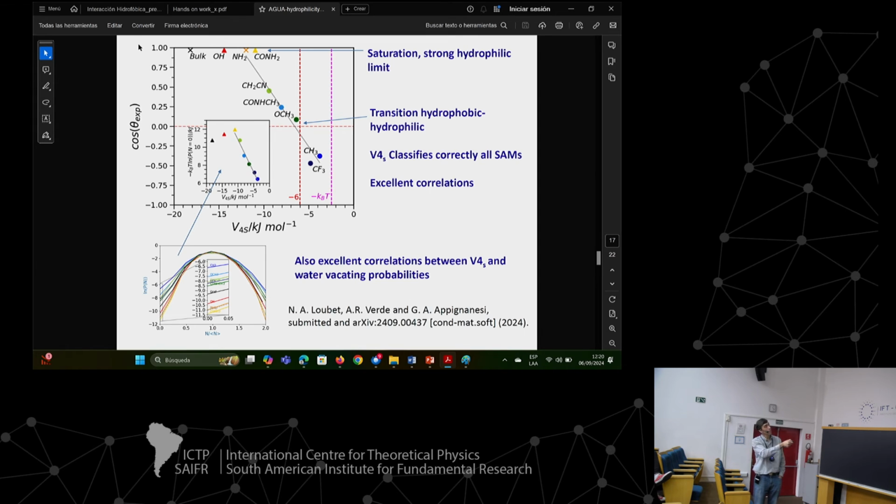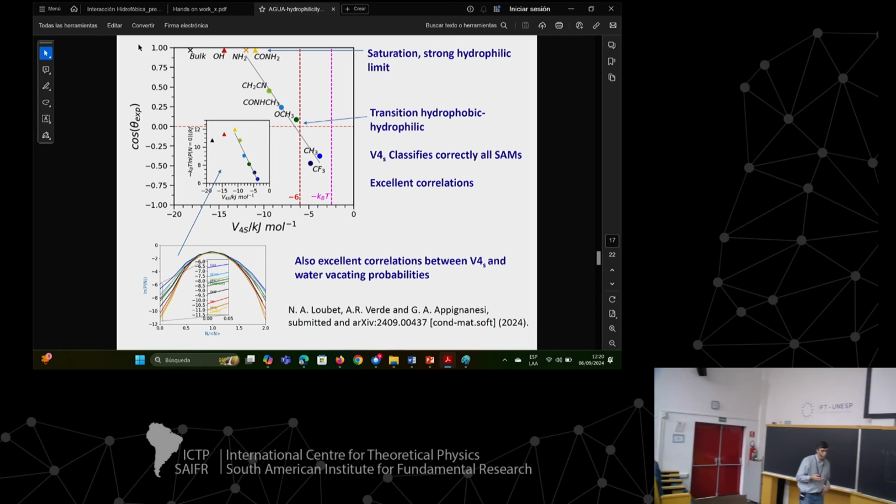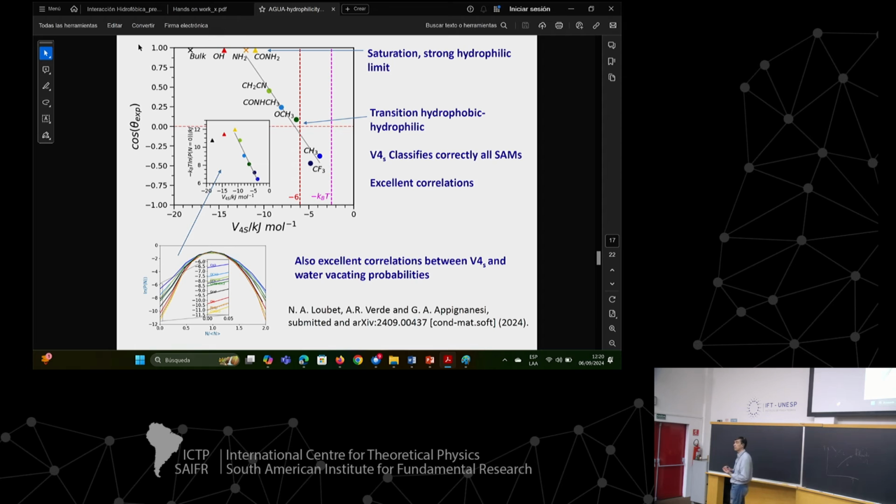They are on the other side. This is sitting almost in the limit. Well, we expect the limit to be somehow here. When they are crossing, they're not far. So you have one saturation limit, and you will have one transition here from hydrophobic to hydrophilic. So we have a measure that enables us to quantify hydrophilicity or hydrophobicity.